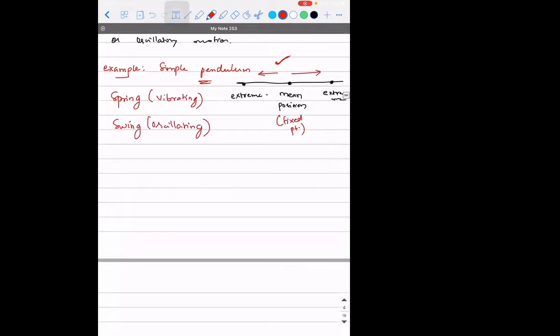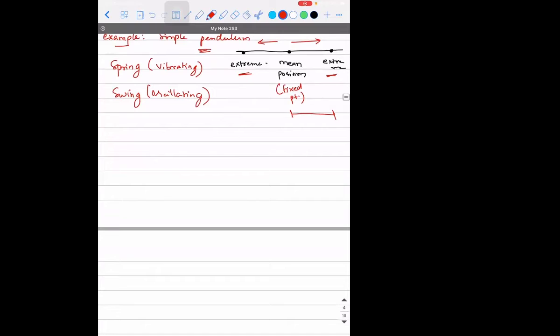Now listen. With respect to oscillatory motion, there are other parts you need to understand. The distance between the mean position and the extreme position has a name. We call it amplitude, A. So how do we define it?